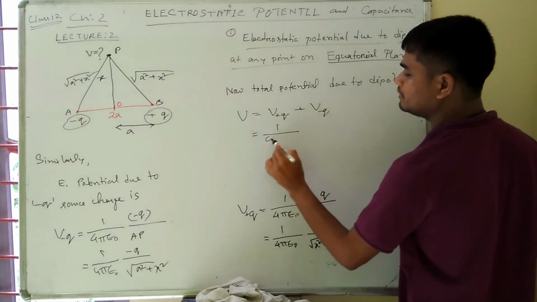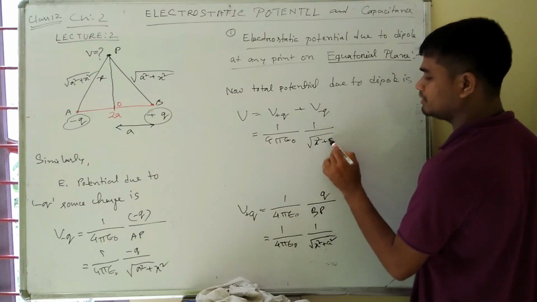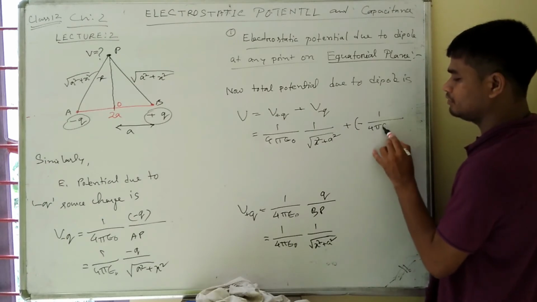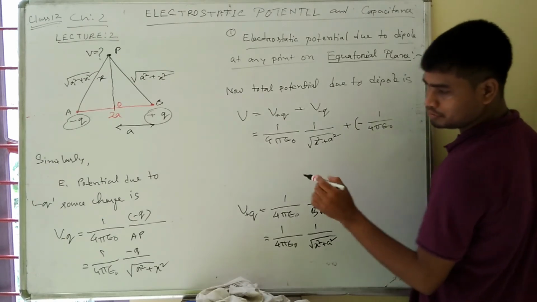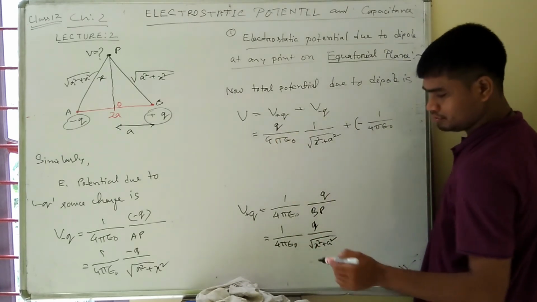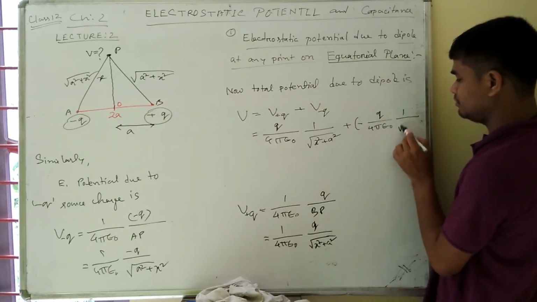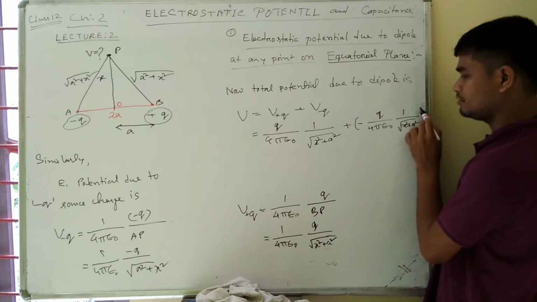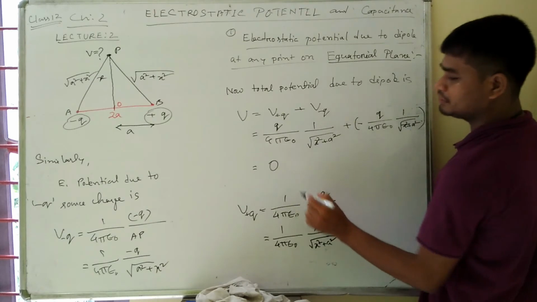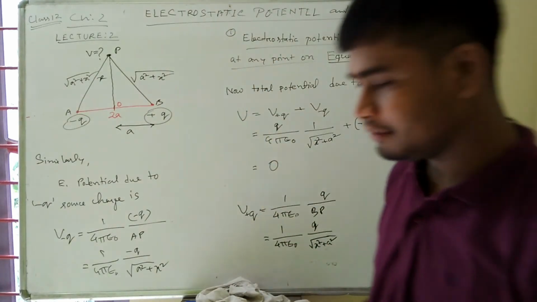So its value is 1 by 4 pi epsilon naught q by root over x square plus a square minus 1 by 4 pi epsilon naught q by root over x square plus a square. The two values are the same, so the total is 0. That is, the electric potential on the equatorial plane is 0.